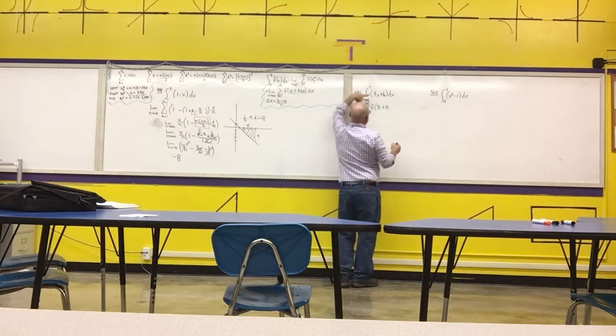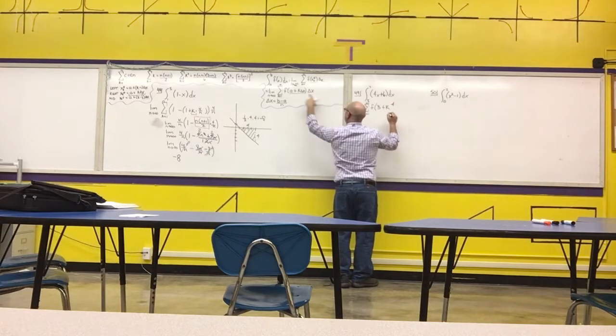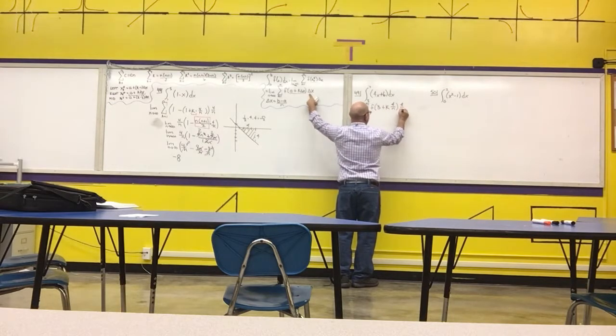Delta x is 7 minus 3, which is 4 over n, times delta x, which is 4 over n.